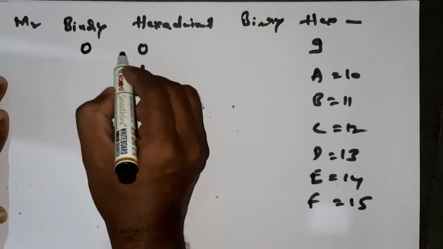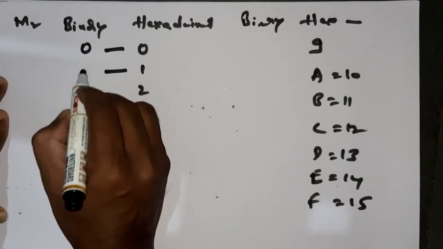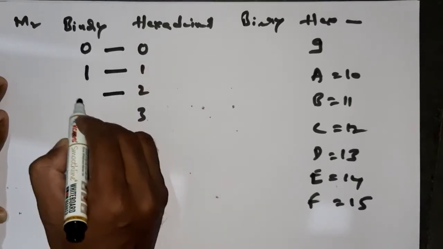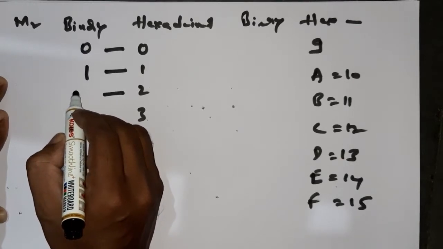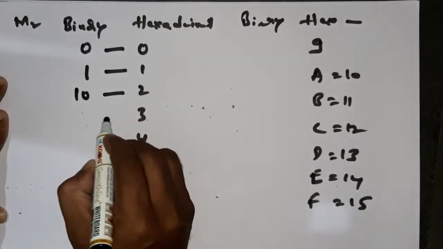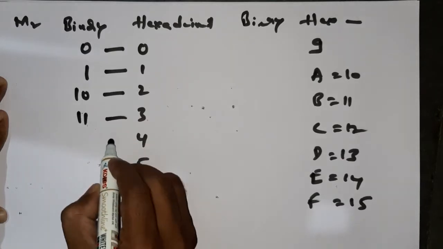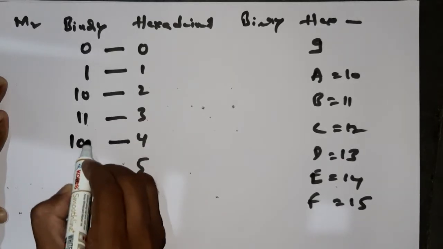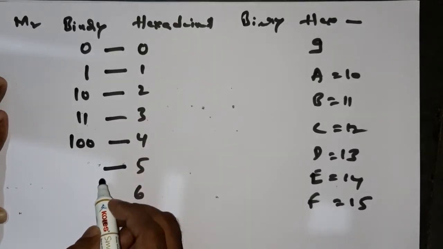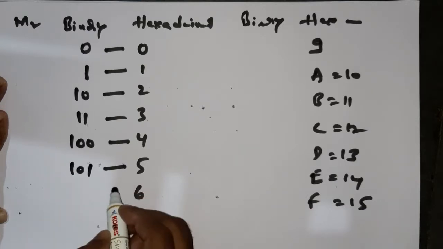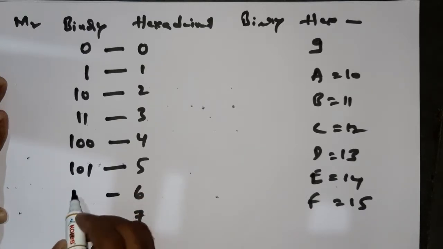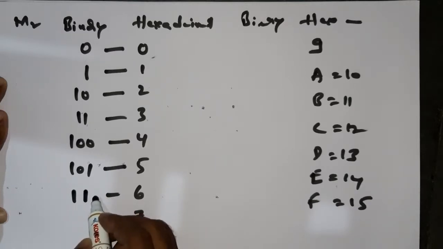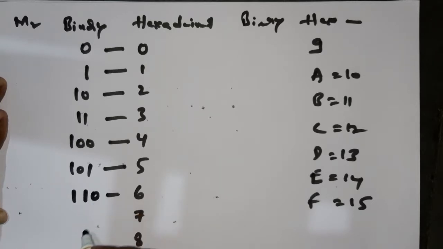Anyhow, 0 is 0. Next highest value in binary 1. Next highest value, that is 1 0. Next highest 1 1. Next highest 1 0 0. Next highest 1 0 1. Next highest 1 1 0, right. Next highest 1 1 1.